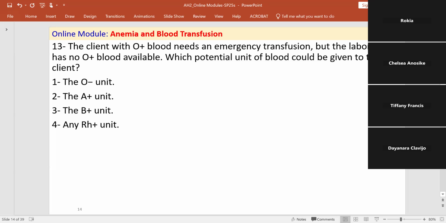They can only receive O. When it's O positive, they can receive O positive or O negative because they already have the positive rhesus factor. But if this patient was an O negative blood group as a recipient, then they should not be receiving O positive. They can receive O negative only.